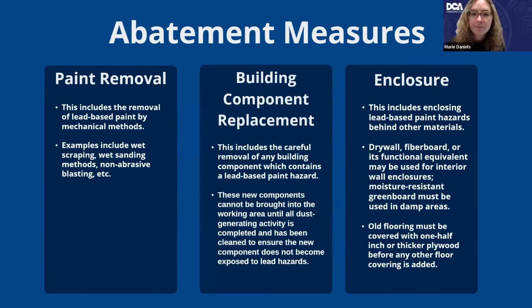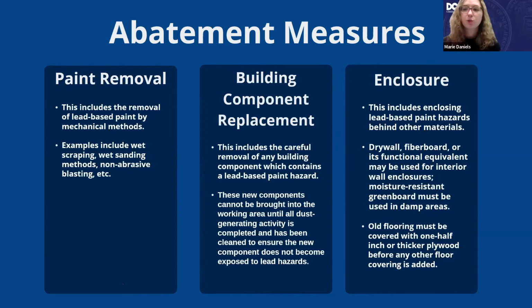Another method for abatement is enclosure, and this includes, just as it sounds, enclosing the lead-based paint behind other materials. So like drywall, fiberboard, or any equivalent are great for interior wall enclosures. In like a bathroom or anywhere that's moisture prone, you may need a moisture resistant green board in damp areas.